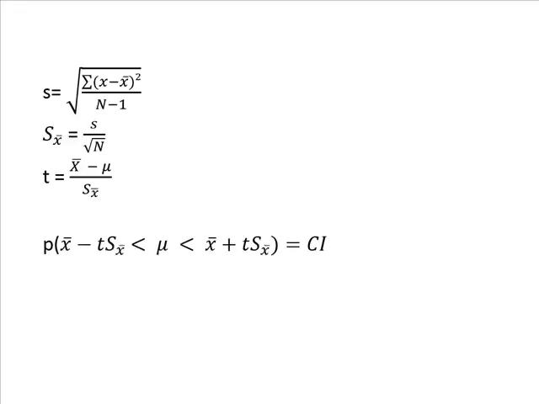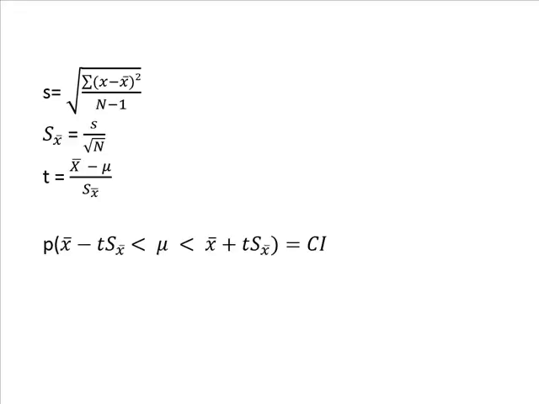Our sample standard error is our standard deviation divided by the square root of n. And then to find the actual value of t, it's the same thing as the z. We subtract the population mean from the sample mean and divide it by that standard error. So some of the letters have changed, but it's the same framework. It's the same step 1, step 2, step 3.